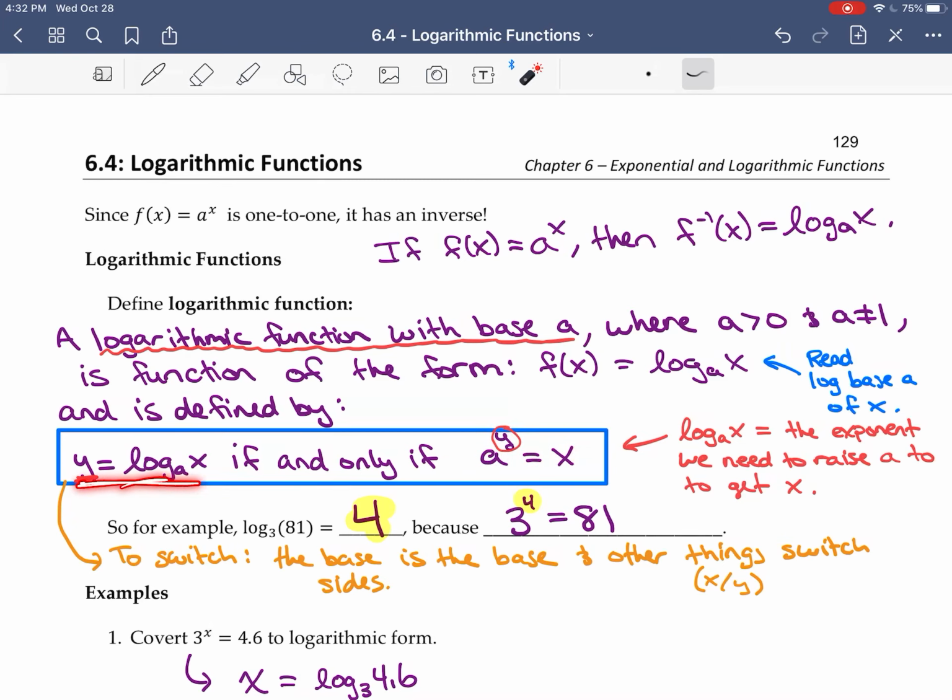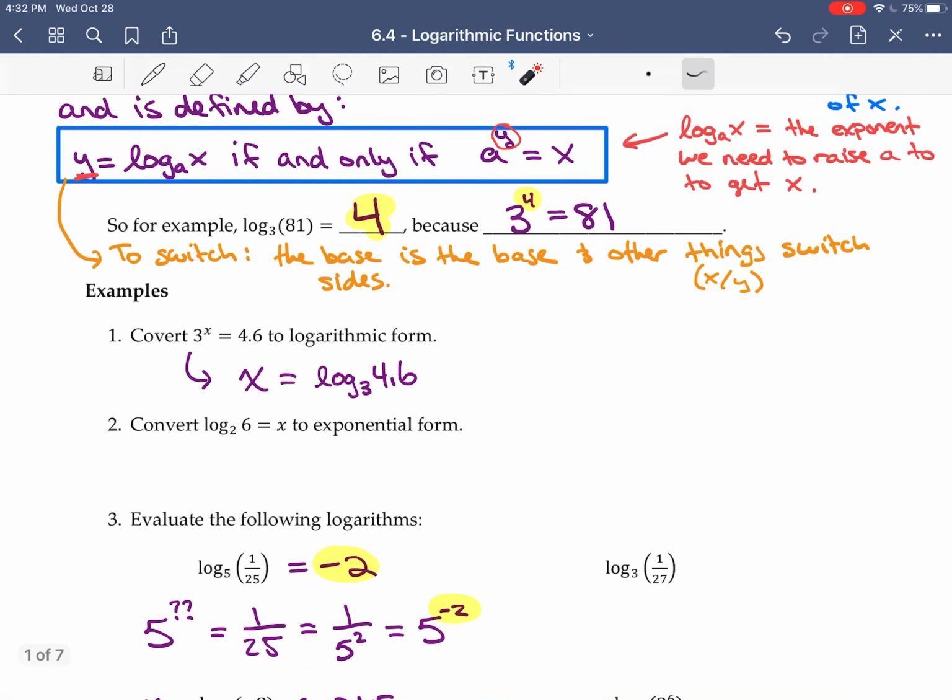So a log function can be switched into an exponential function where the base of the log is the base of the exponential, and the other things switch sides. Okay, so if you were with the base, now you're not with the base.